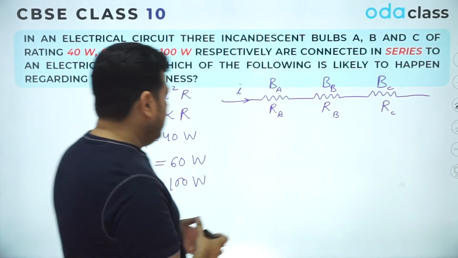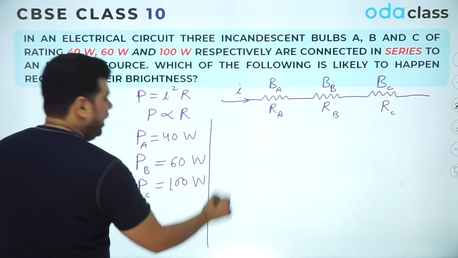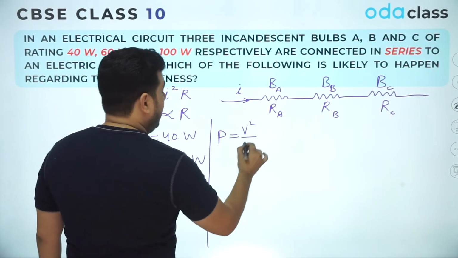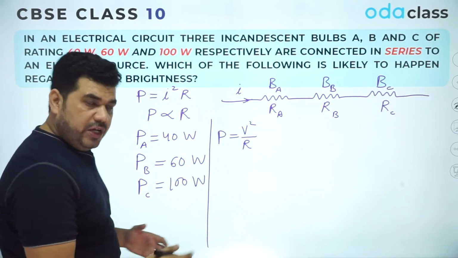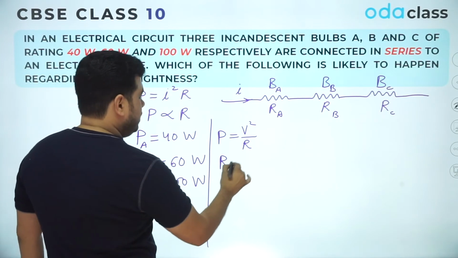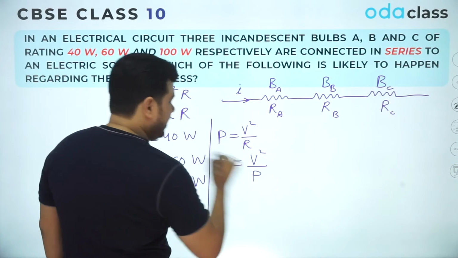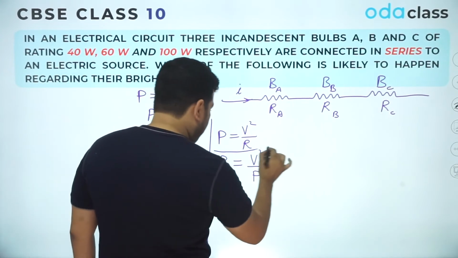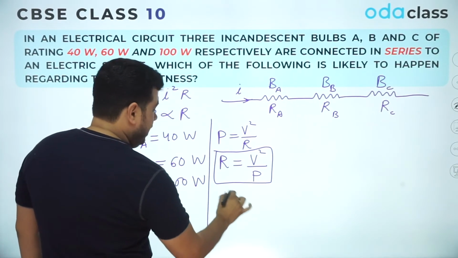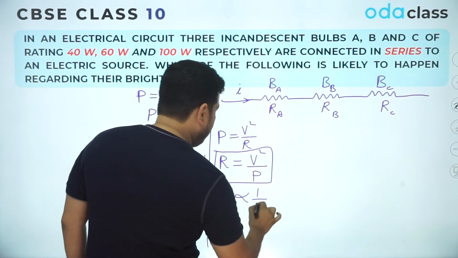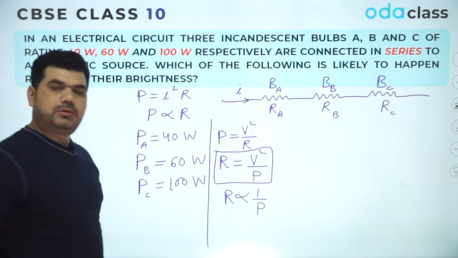So we have a relation for power. P is equal to V square by R. And then we can say R is equal to V square divided by P. So now if V is the same, we can say R, the resistance of the bulb, is inversely proportional to power. Right?